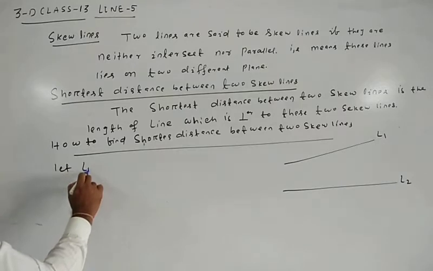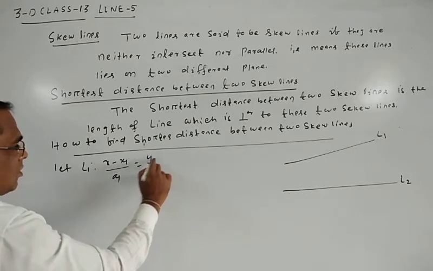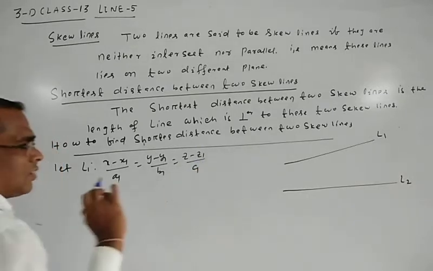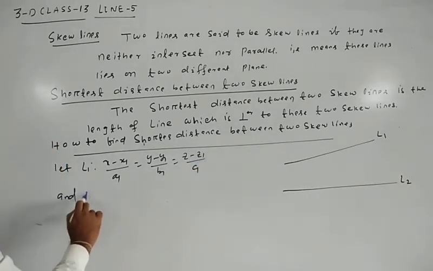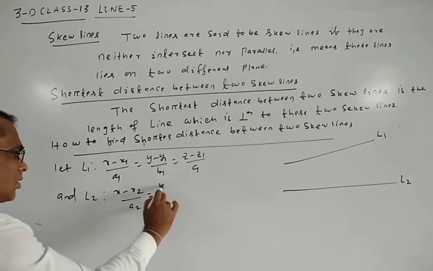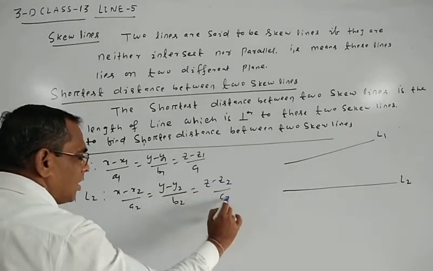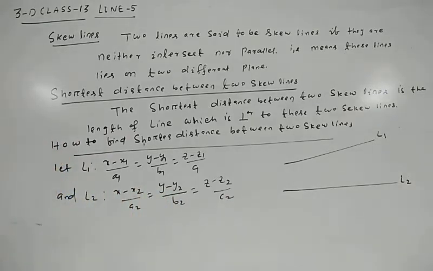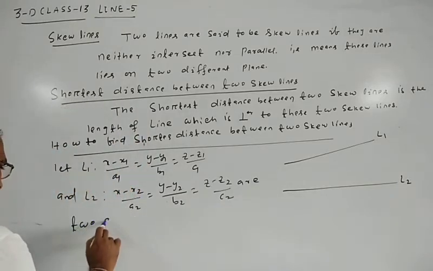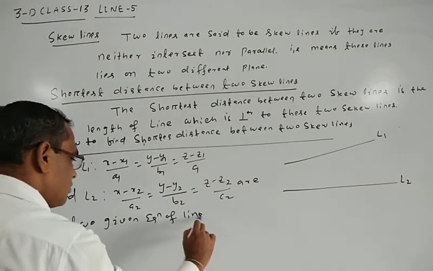Let L1 be (x minus x1)/a1 = (y minus y1)/b1 = (z minus z1)/c1, and L2 be (x minus x2)/a2 = (y minus y2)/b2 = (z minus z2)/c2. These are the two given equations of the lines.